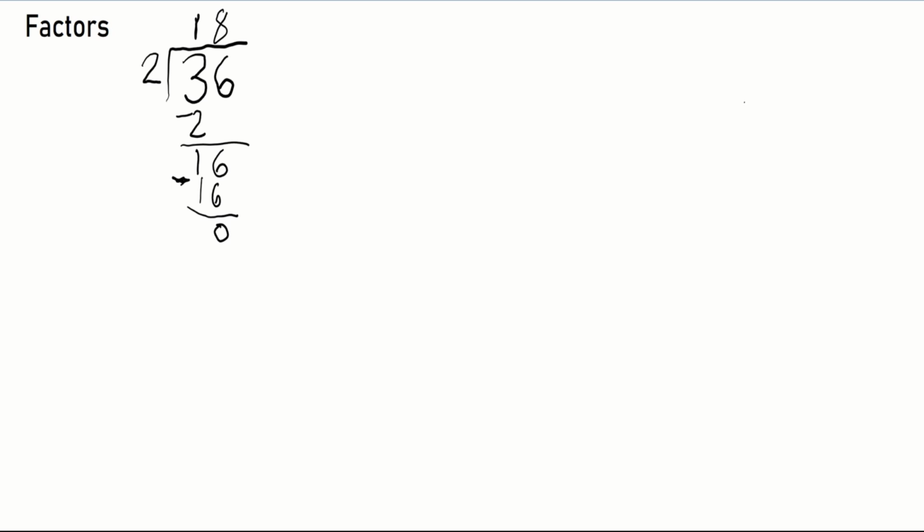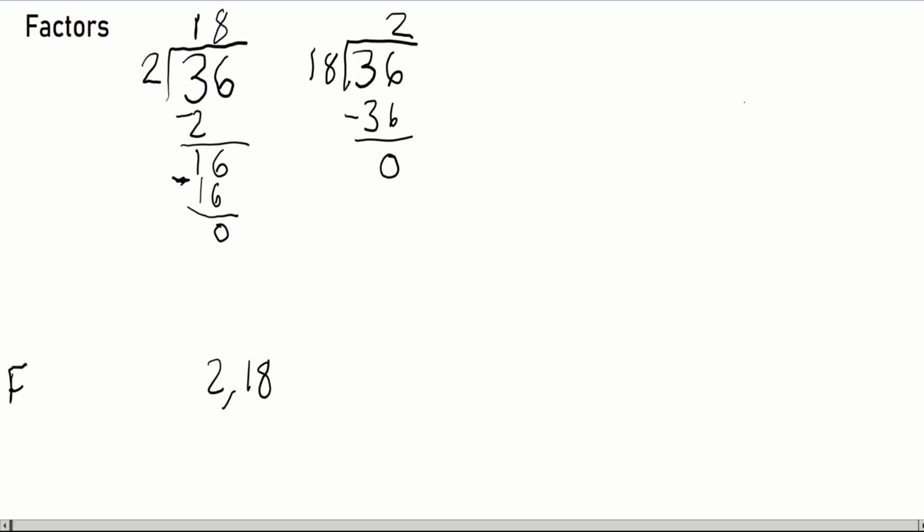This also means that 36 divided by 18 would be 2 without a remainder. This means that both 2 and 18 are factors of 36.